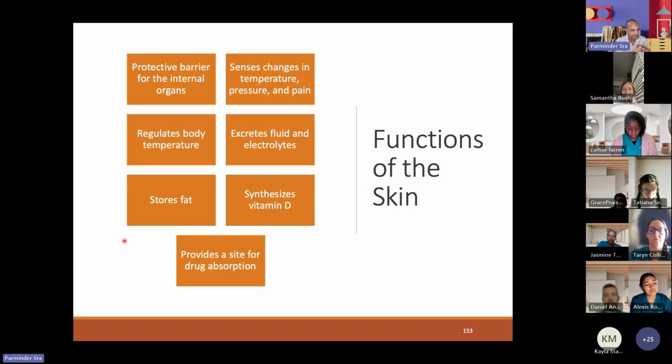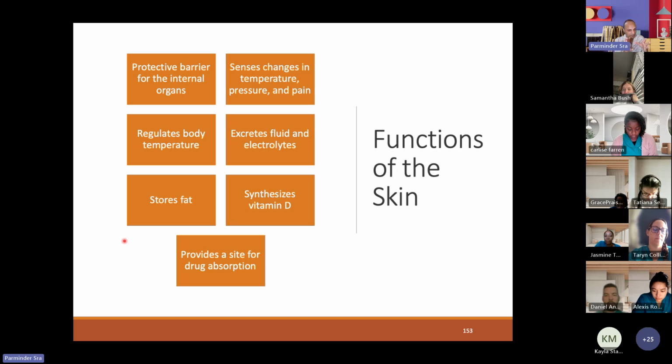So what is skin? Skin is the largest organ of the body. It covers the body and serves many functions, such as the basic one, protection, sensation, temperature regulation. I forgot to ask you guys, can you see my full screen? Yes. Okay, thank you. Excretion, absorption.